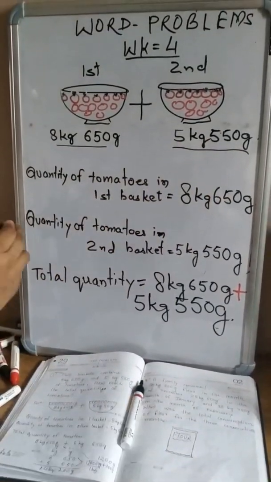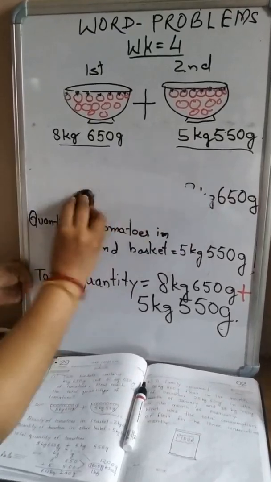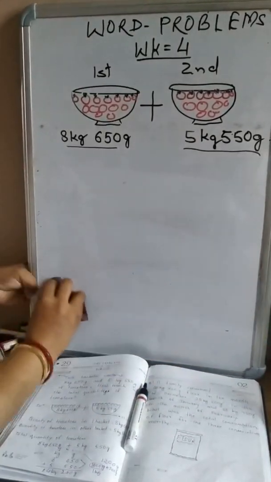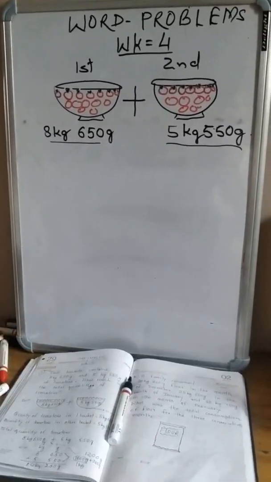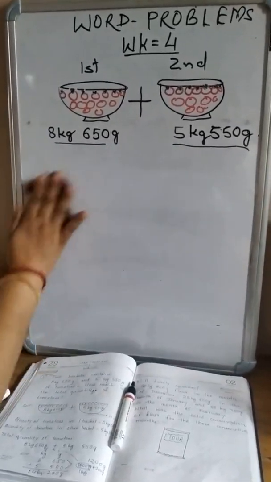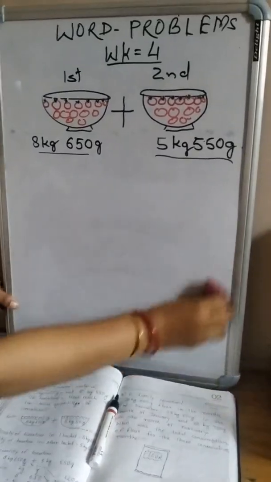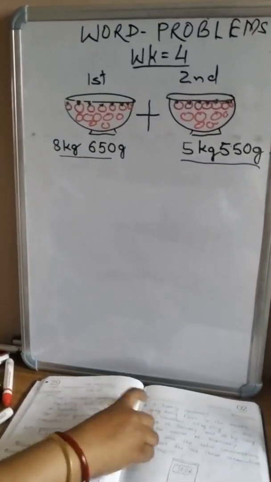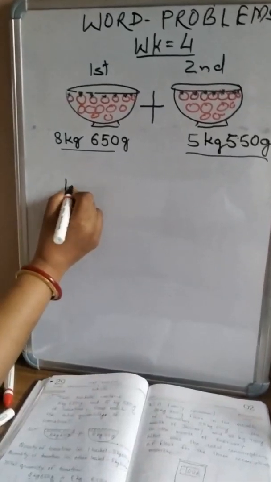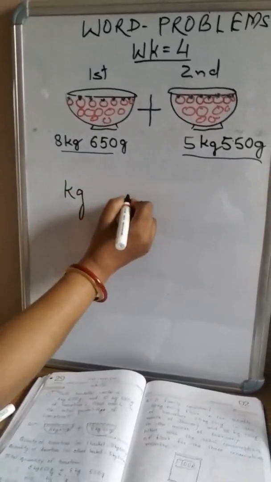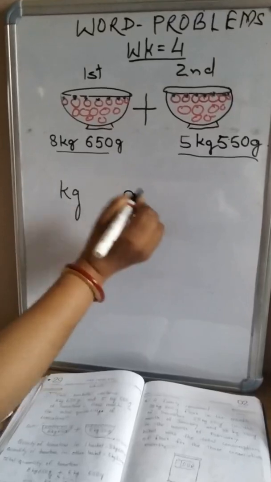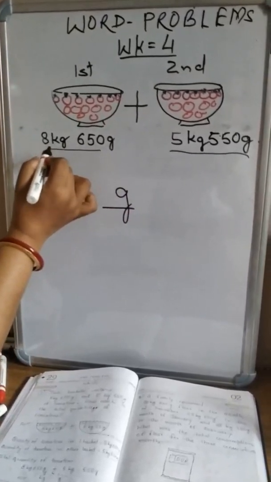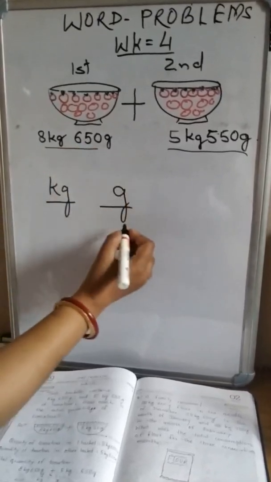So let us see how we will do the addition. We have to make two columns. This is addition by regrouping. So here I am making two columns, kilogram and grams. Firstly I will insert the grams, 650.